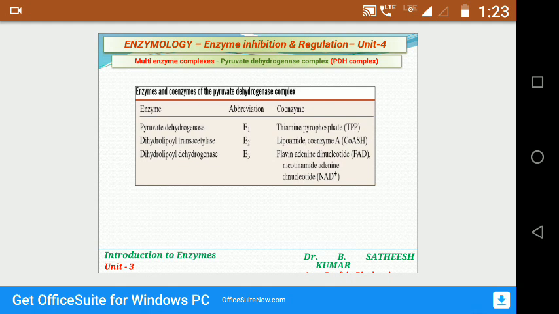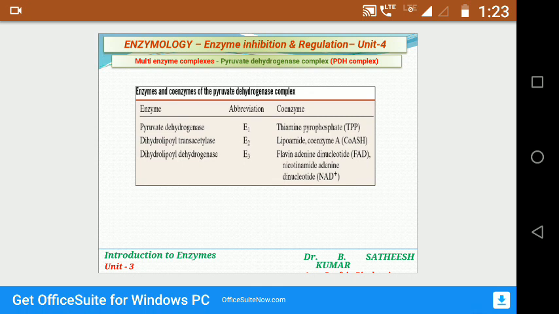When we look at the enzyme activities of the pyruvate dehydrogenase enzyme complex, we have three enzymatic activities: E1, E2, E3. The first is pyruvate dehydrogenase, the second is dihydrolipoyl transacetylase, and the third is dihydrolipoyl dehydrogenase.